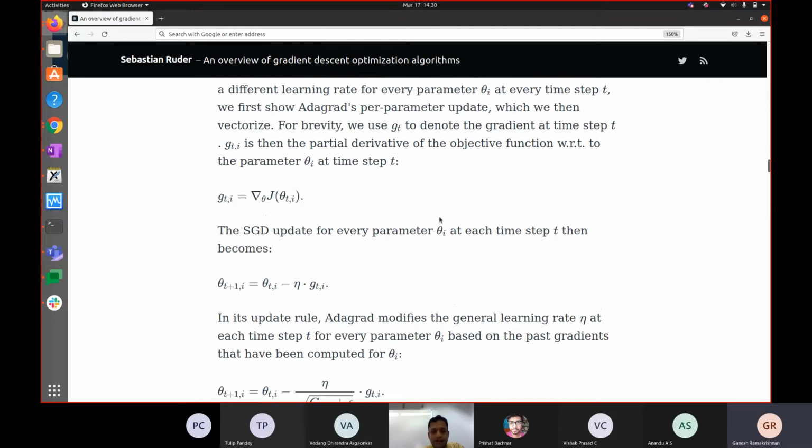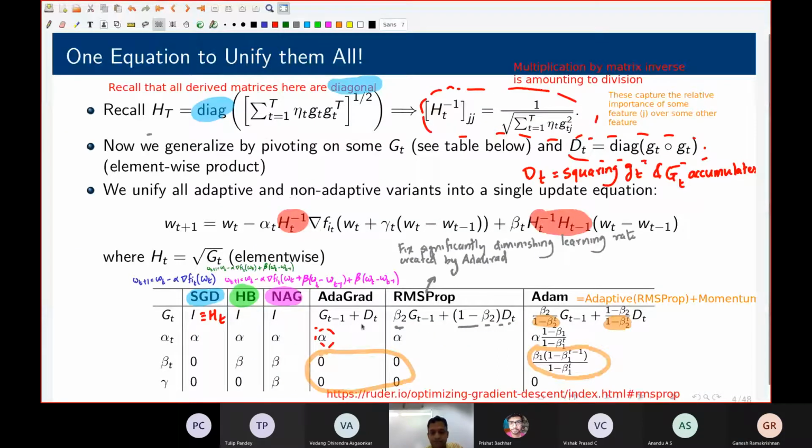But there's an issue with Adagrad. Adagrad can keep adding to the cumulative effect, so alpha into HT inverse can become very small. We say diminishing learning rate. Adagrad suffers from alpha t into HT inverse becoming very small.